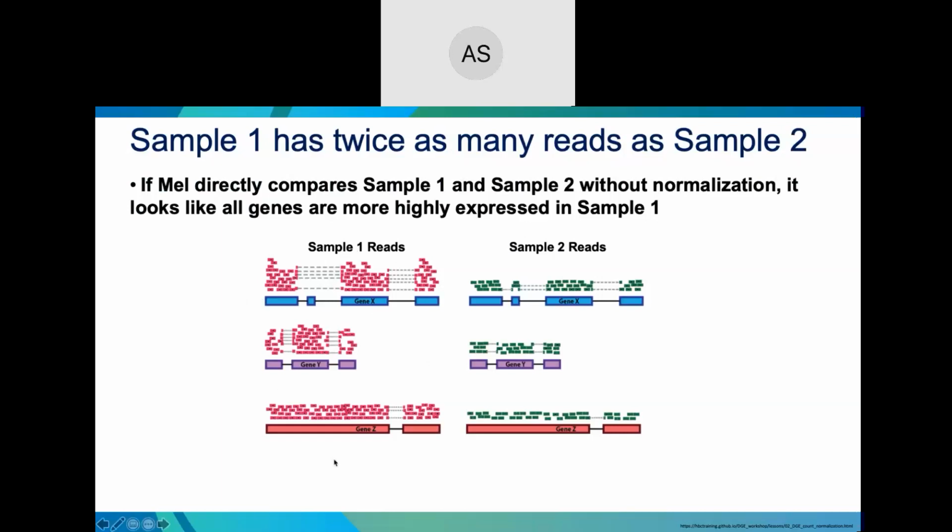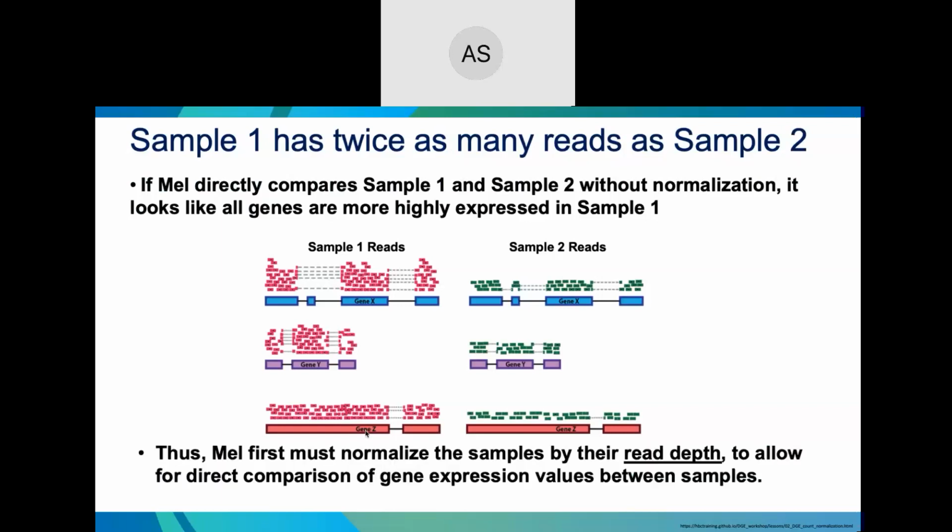But we don't know if that's biologically the case, or if that's because sample 1 was run on a sequencer and got a higher read depth than sample 2. So Mel, and we also need to do this, must first normalize all the samples by their read depth before we do any direct comparison of gene expression values between samples. So before we can run a t-test or a Wald test, we have to do a normalization step.